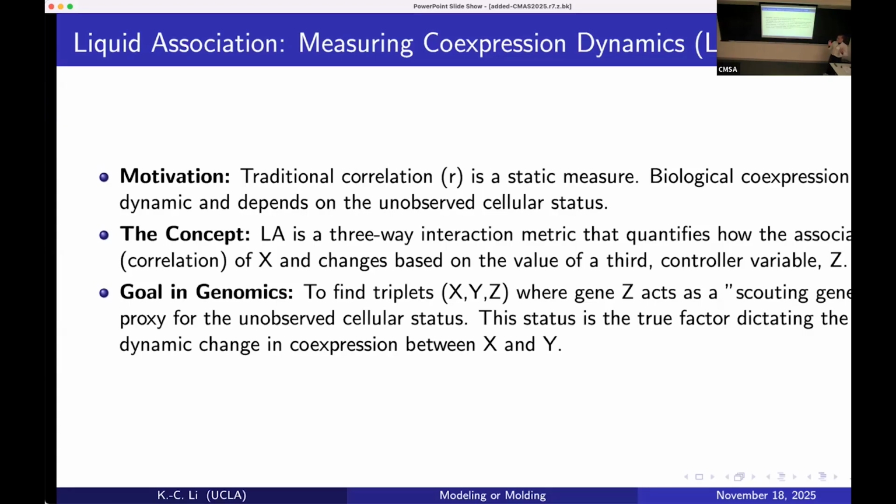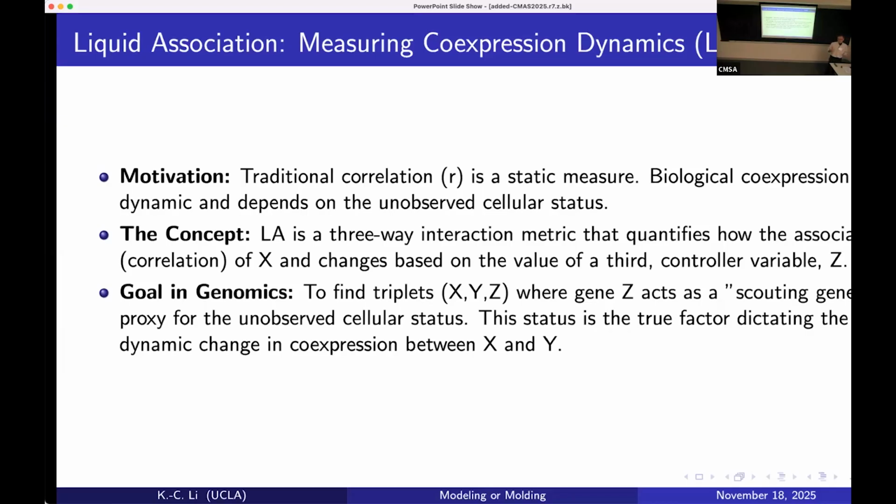But compounding the issue, people can use this correlation to find out whether it is positive or negative significance, but they totally ignore the situation that these two genes are uncorrelated. You cannot see it. But that seems to me very important because nature is not always positively correlated or always negatively correlated. We are not that rigid.